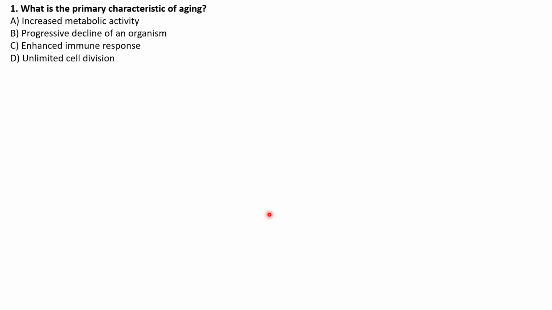I think I've got two answers here, and you guys are right. It is B, which is progressive decline of an organism. So that's very good. So why are the others wrong? Obviously, unlimited cell division, while it might happen in a cancerous condition, that's not a characteristic of aging. Enhanced immune response, again, is not necessarily something that someone sees. In fact, it's probably the opposite. And increased metabolic activity is definitely not a sensible readout here.